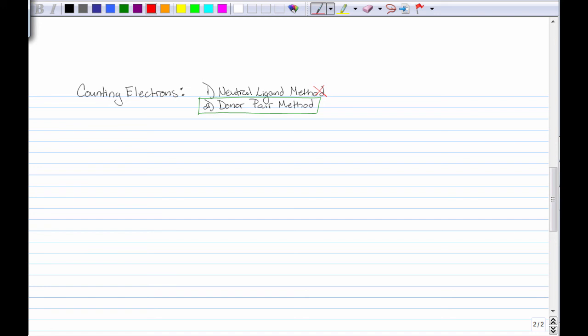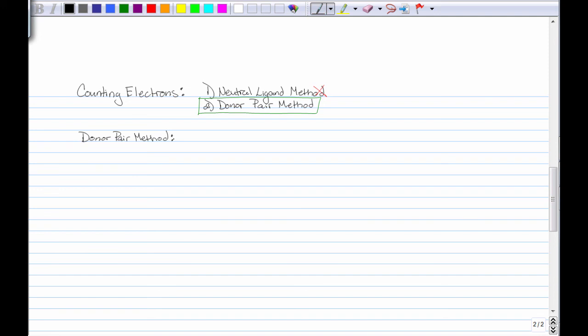I prefer the donor pair method because it allows you to calculate the oxidation state of the metal, and you need to know that information to understand what kind of reactions are happening in a catalytic cycle, and you also need to know the metal oxidation state so that you know the number of d electrons in the metal. So the donor pair method is my preferred method because it's the most efficient way to get the information that I need to know.